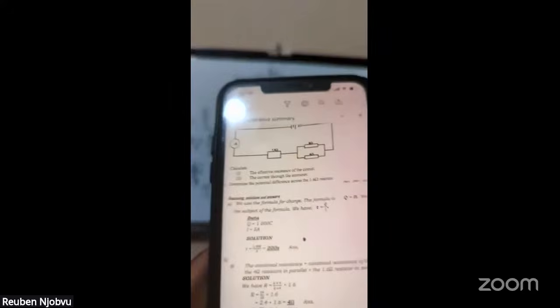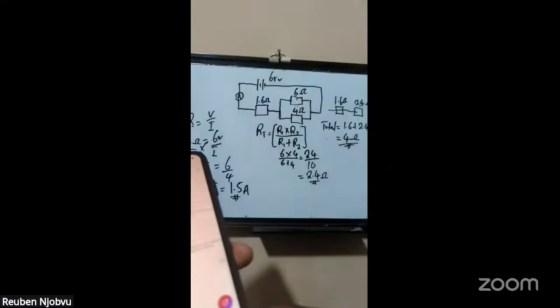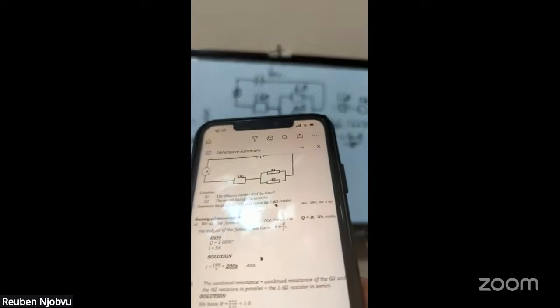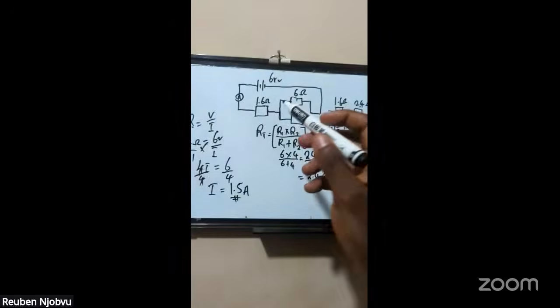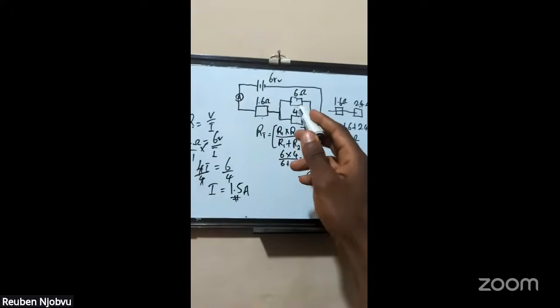And the last one was asking you to determine the potential difference across the 1.6 ohm resistor. PD means the voltage. And in series, the voltage is different. In parallel, the voltage is the same.